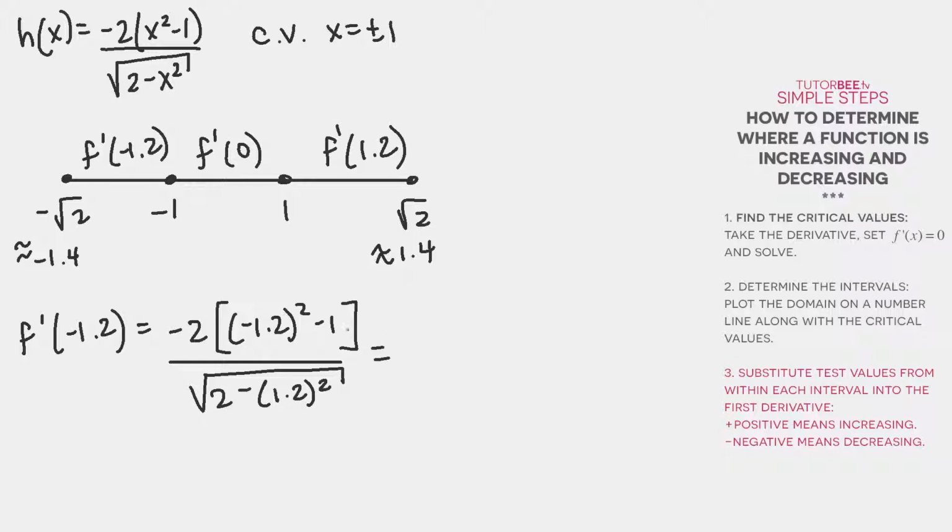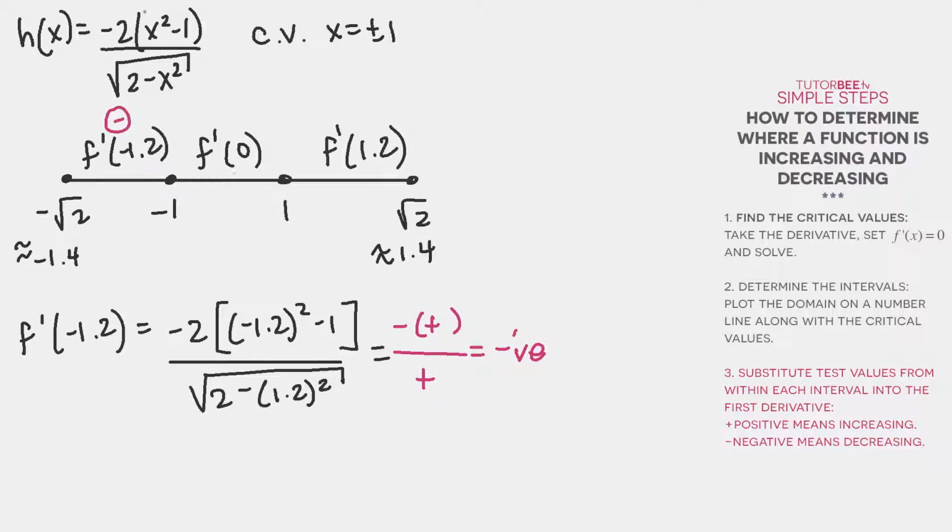Remember, we care about whether this is positive or negative, so the negative 2 is going to keep a negative out front. Negative 1.2 squared is 1.44, and then we subtract 1 from that, so we get a positive on the inside of the bracket. On the bottom, 2 minus 1.2 squared is also positive. So we get a negative up top divided by a positive, which is a negative answer. Therefore, it's decreasing on this interval.